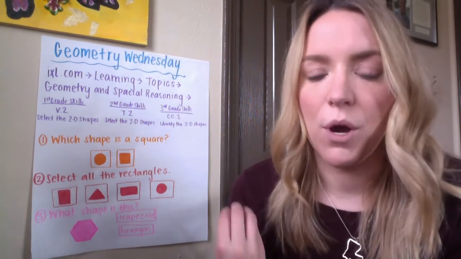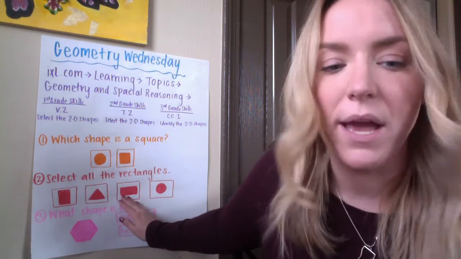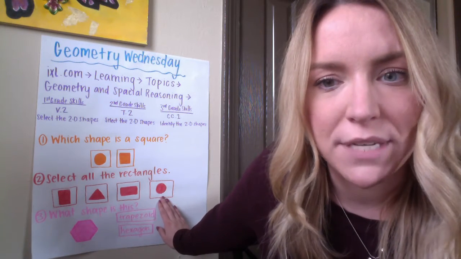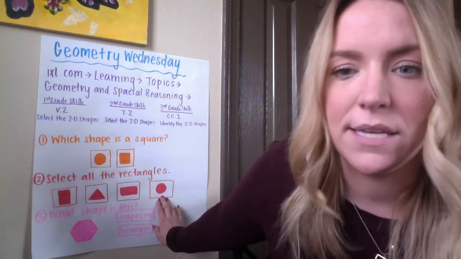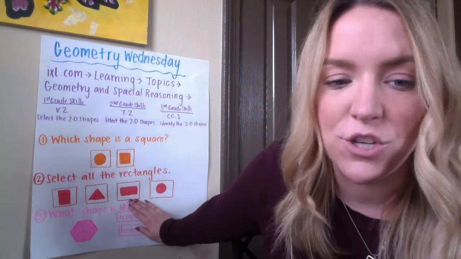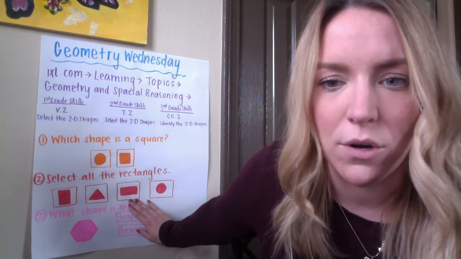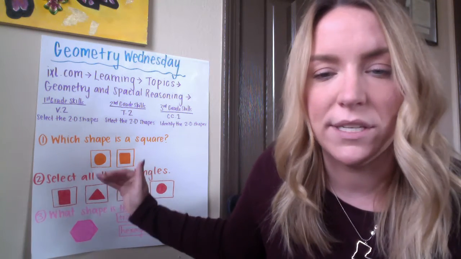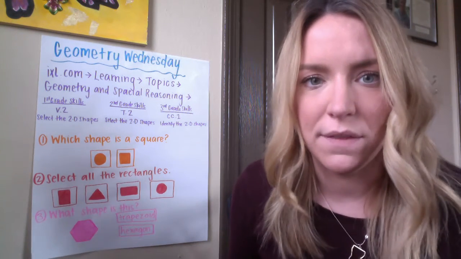They're going in the same direction, parallel. So I know that that is also a rectangle. I know that this shape is curved. It has no straight sides, so it is a circle. So you would select both this shape and this shape because these are both rectangles, 4-sided shapes. 2 of the sides are going to be parallel with each other, running in the same direction.